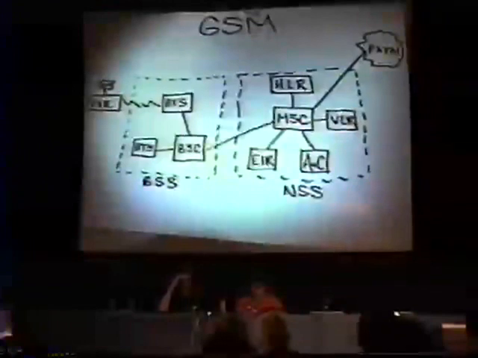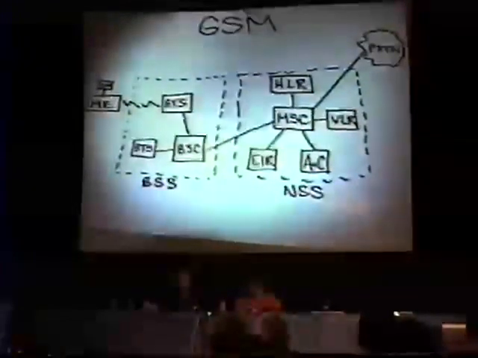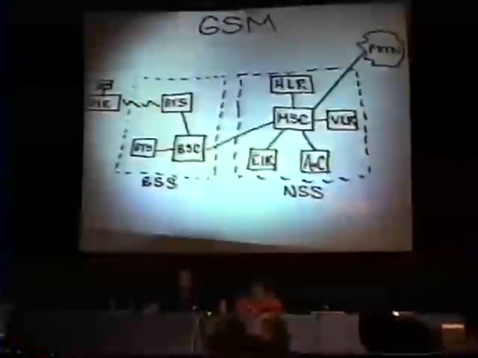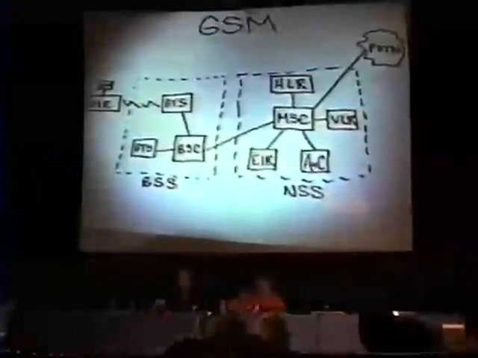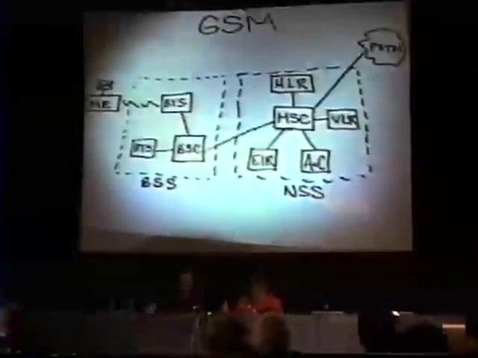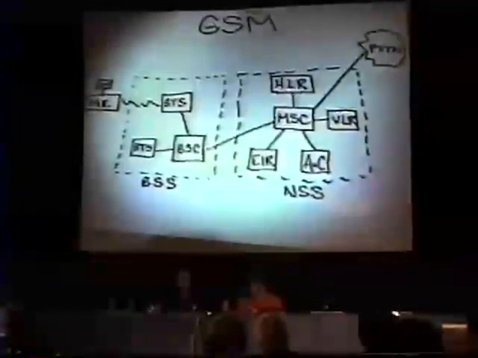It contains all the information about all the subscribers that are valid for that particular network, whether it be OmniPoint, Sprint Spectrum, Pacific Bell Mobile and so on. All the subscribers' information is stored in the HLR, and by information, I mean the secret information that's also stored on the SIM cards.